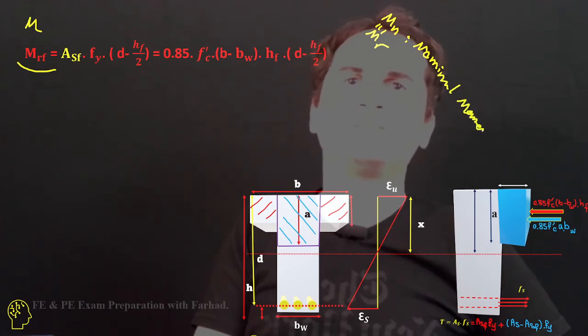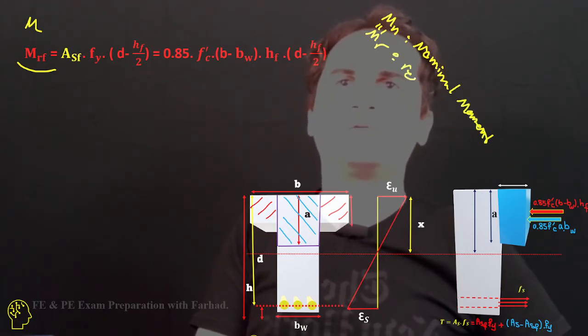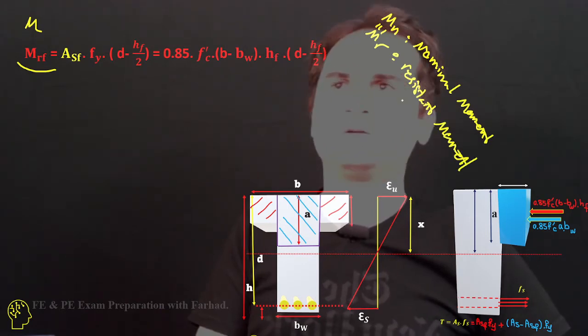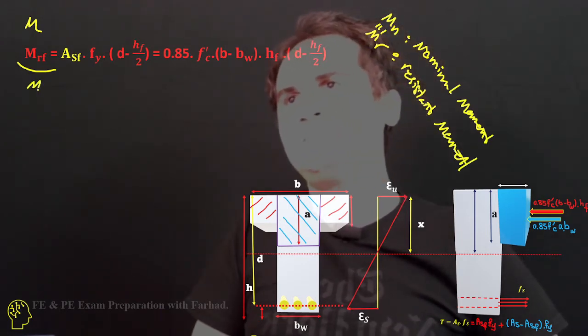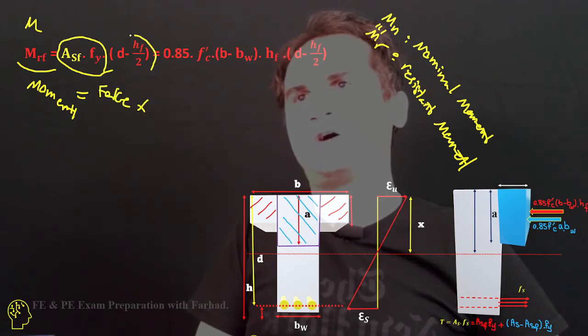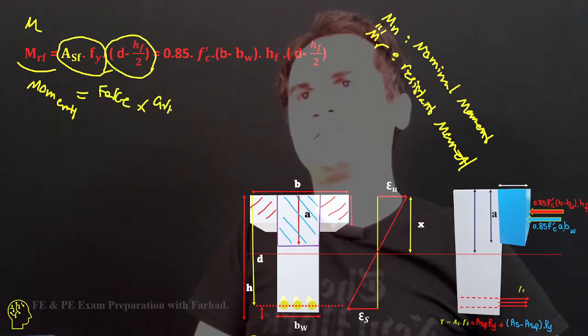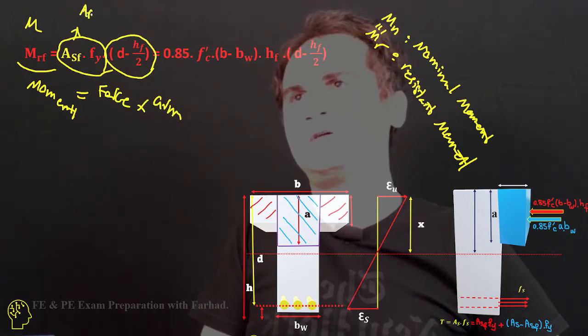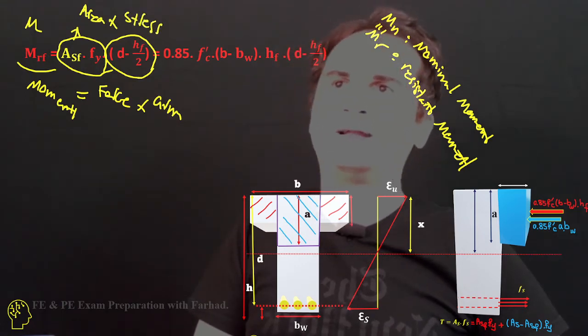The nominal or resistant moment of a section, like any moment, is force times its arm. The force is area times stress, and this is the arm.